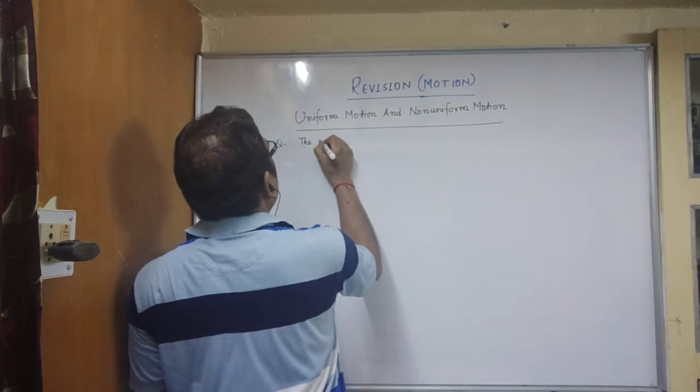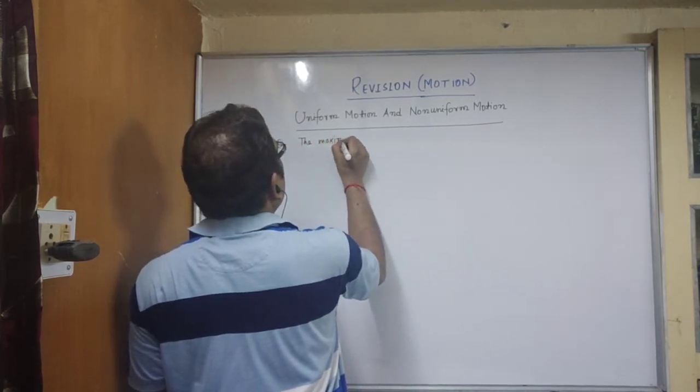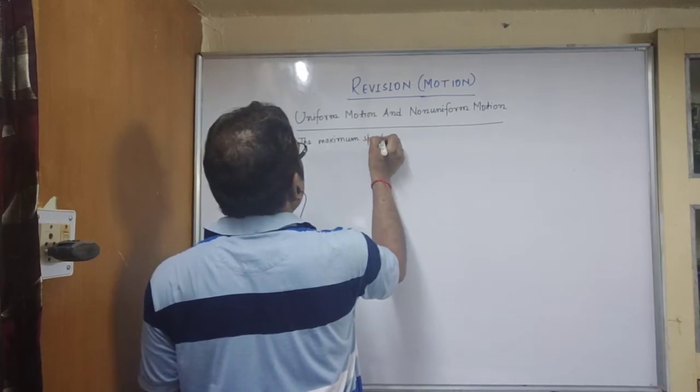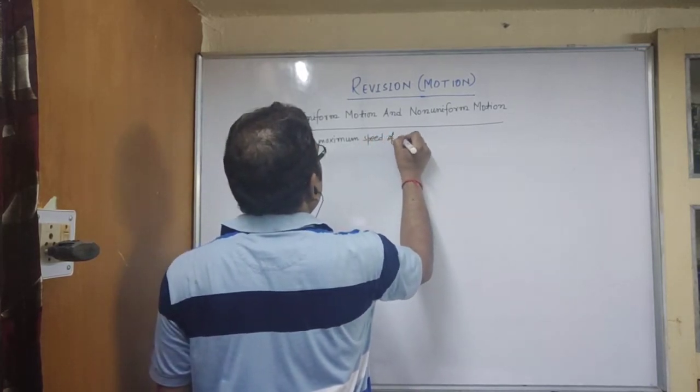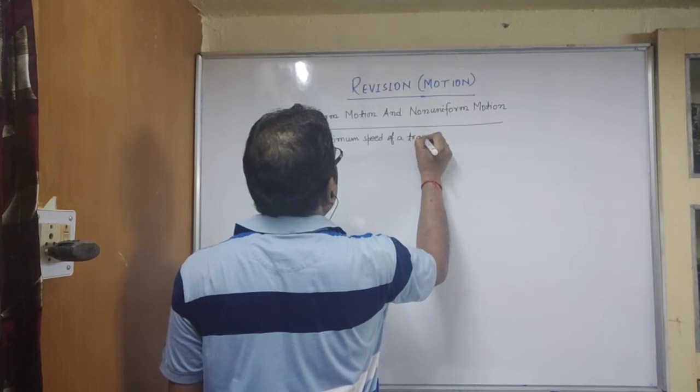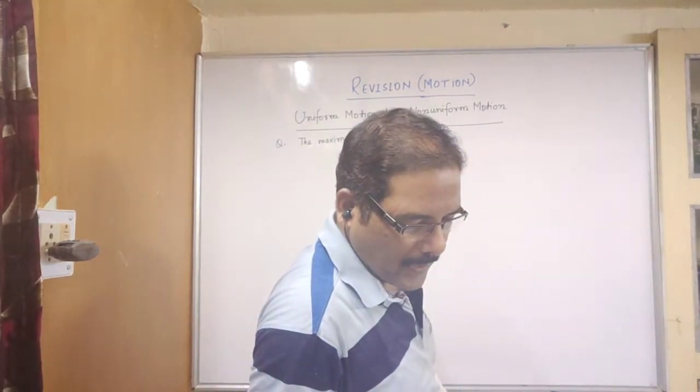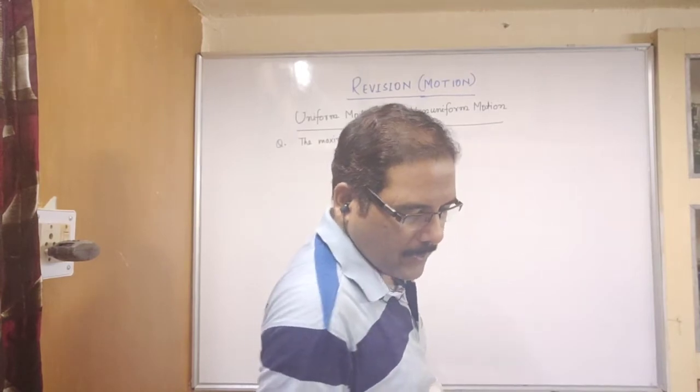The maximum speed of a train is 80 km per hour.